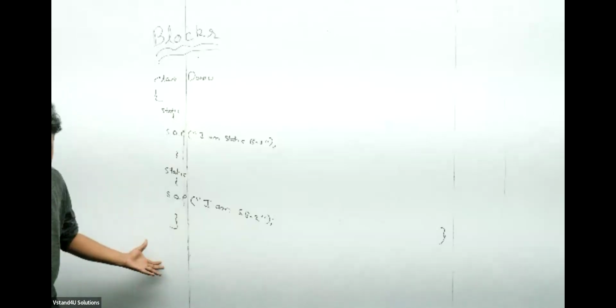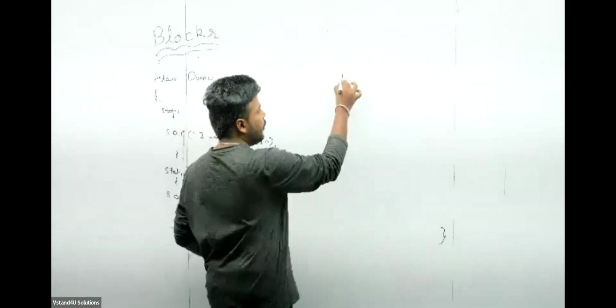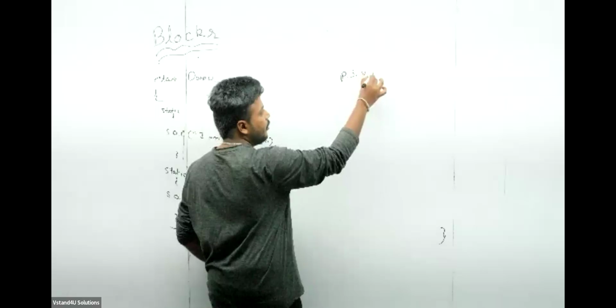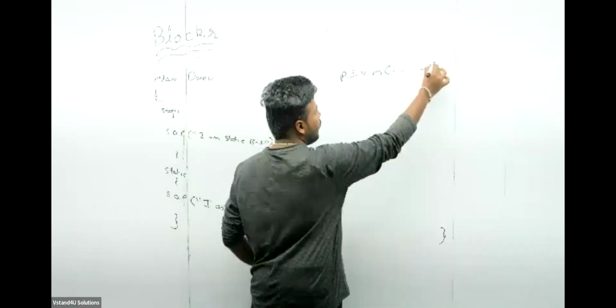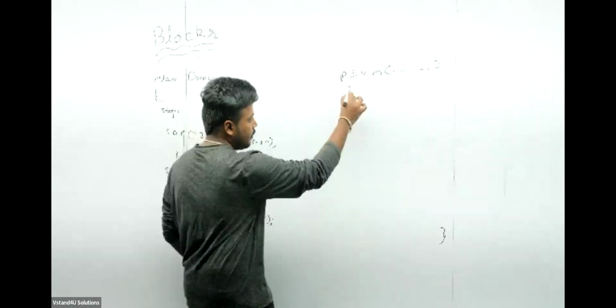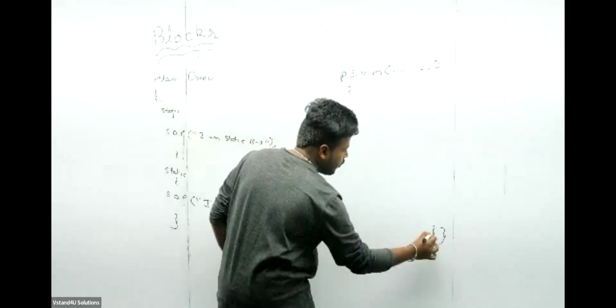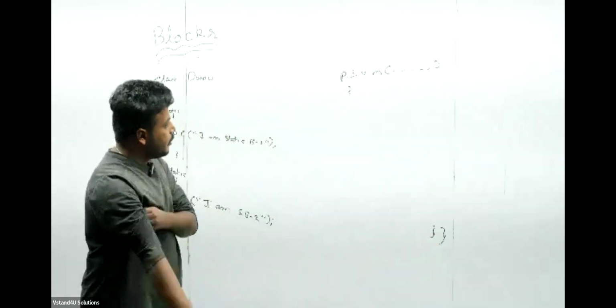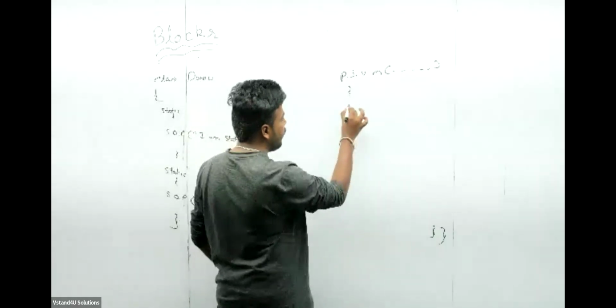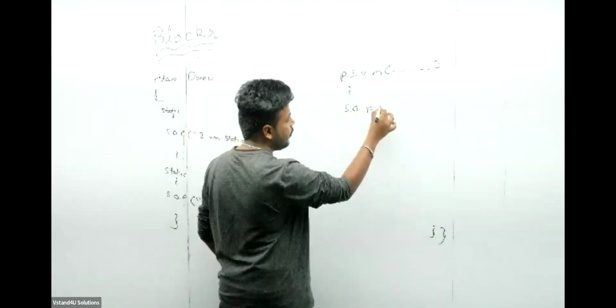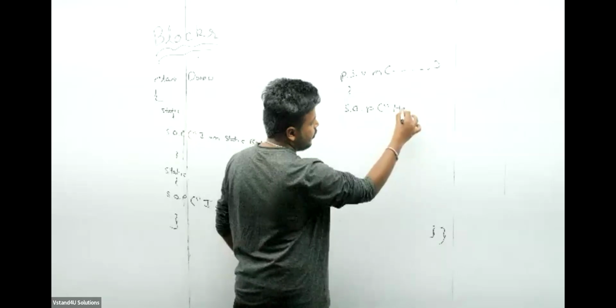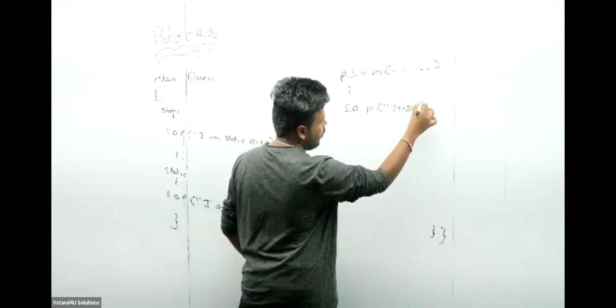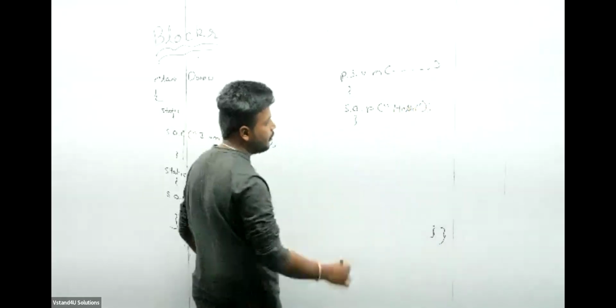After this, I will take the main method: public static void main, String array of arguments. Now this is the main method scope. Here I will print SOP "hello".